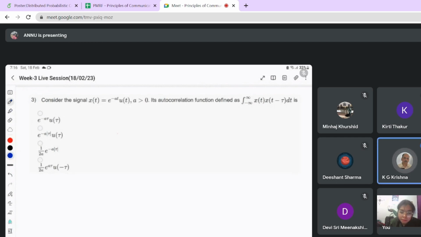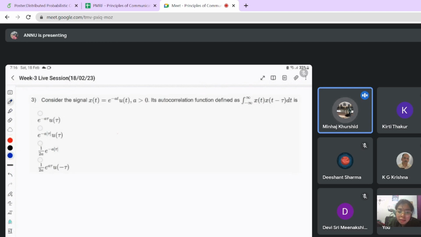No, madam, I know it, but it looks like it is C only, because tau is not in the picture at all, actually, because that autocorrelation function. Just let me know the limit of this function. What should be the limit of this function? That is minus infinity to infinity. Ma'am, the answer is C.